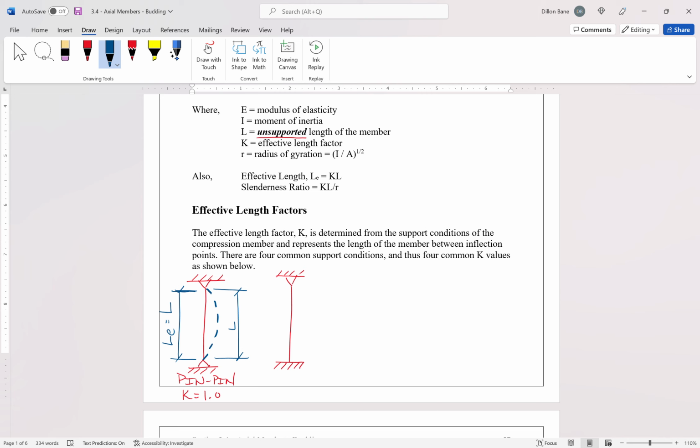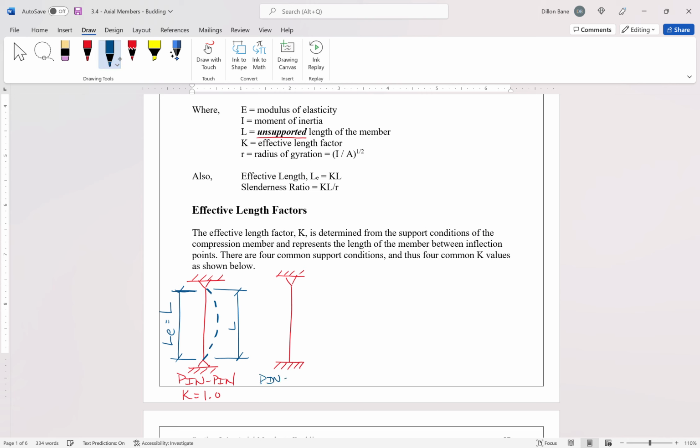They fix the member left and right, up and down, translation-wise, but the member is allowed to rotate at the pin. Fixed supports, however, also restrict translation left, right, up, and down, but they also restrict rotation about the support. So this is a pin fix.